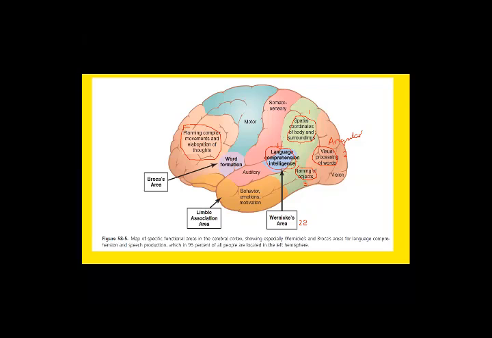and moreover, elaboration of thoughts is another function of the prefrontal association area. So if you remove the prefrontal association area, the procedure is known as prefrontal lobotomy. What happens if you remove this prefrontal region?